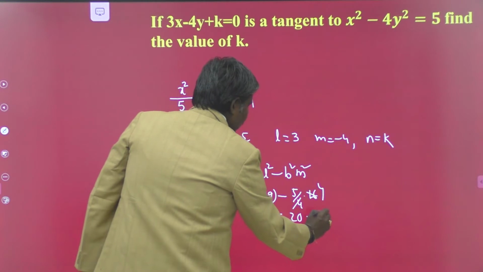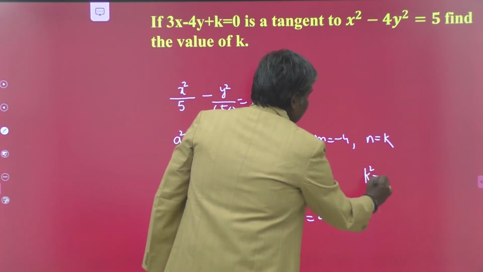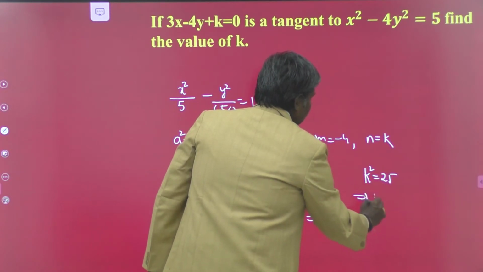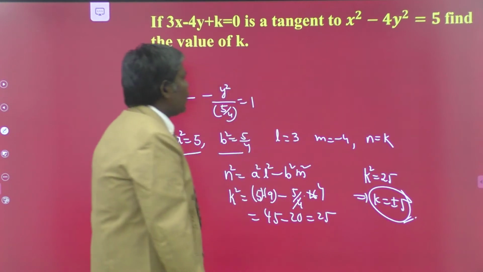That is nothing but 25. You have k² = 25. We get k = ±5. The value of k is ±5.